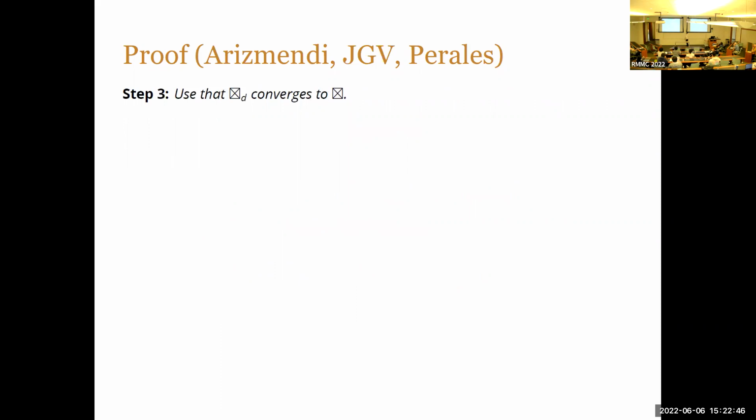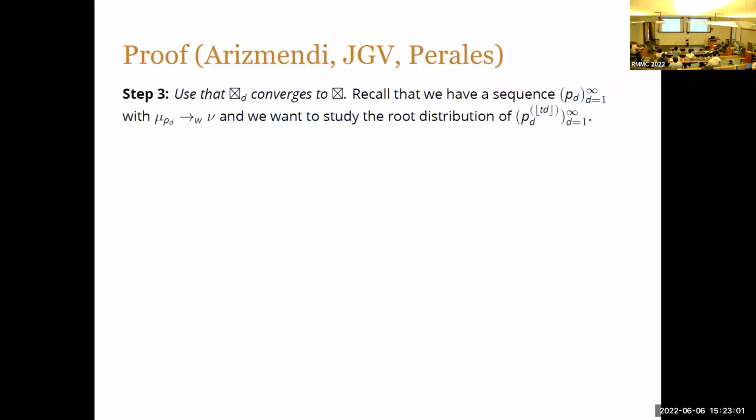And then the third step: now that we've managed to write down this kth derivative using the convolution, let's use the result that we recently proved, that this convolution converges to the multiplicative free convolution. So recall the setup. You have some sequence of polynomials with root distributions converging to some measure nu.